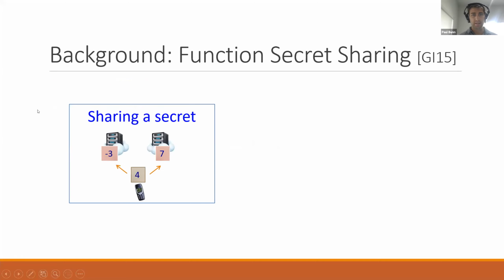First, a distributed point function falls under a broader class of problems introduced in 2015 by Boyle, Gilboa, and Ishai, called function secret sharing. Function secret sharing is an extension of ordinary secret sharing, where one party who knows the secret, on the left just a number, splits it amongst some set of parties, in this case two, such that any party by itself can't reconstruct the secret, but if they get together, they can recombine the shares.